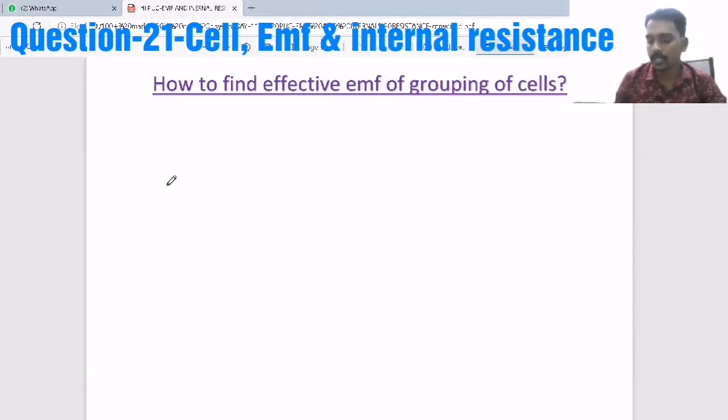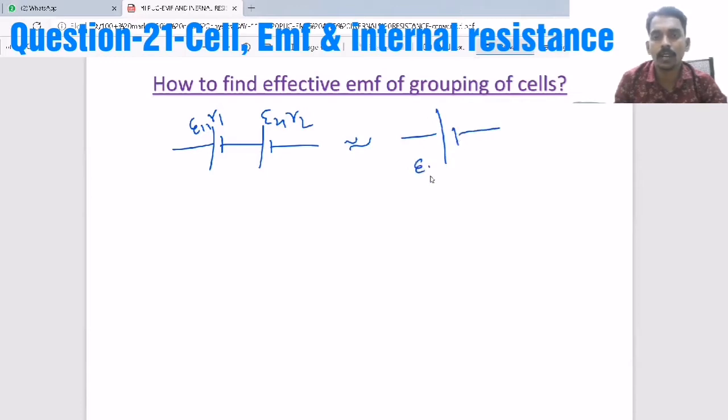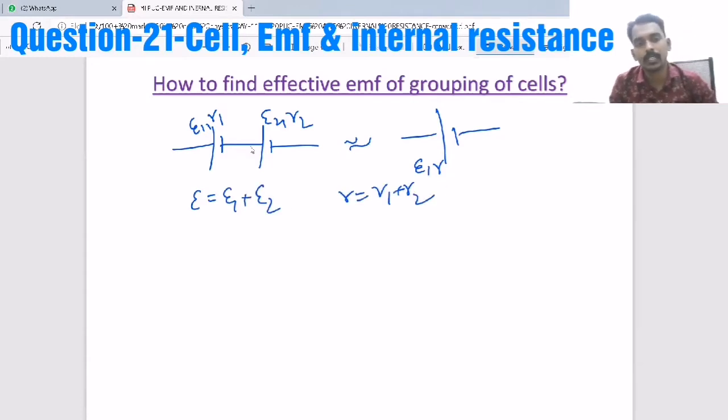Now when there are multiple cells, sometimes the question will be asked based on grouping of cells. If this is one cell, epsilon 1 R1, and this is another cell, epsilon 2 R2, it is equivalent to one cell of epsilon and R, where epsilon becomes epsilon 1 plus epsilon 2 and R becomes R1 plus R2.